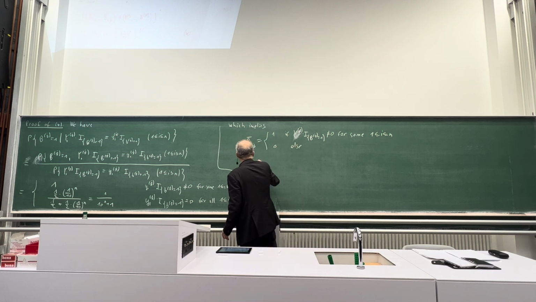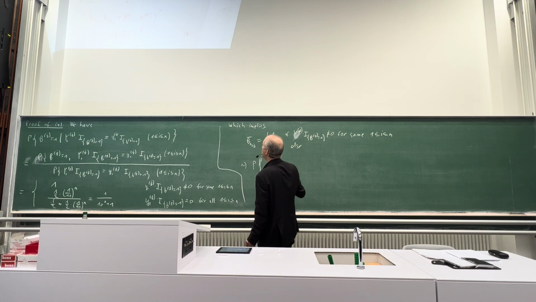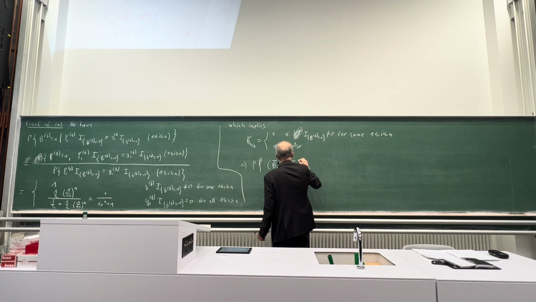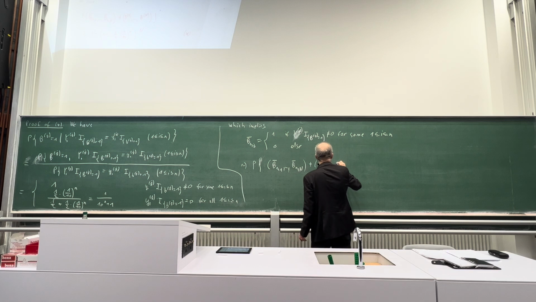Okay. Now what we really want to compute was this probability that B1 bar until Bn bar is not equal to b1 to bn.